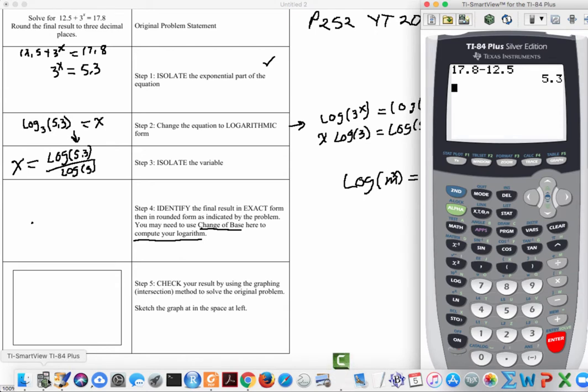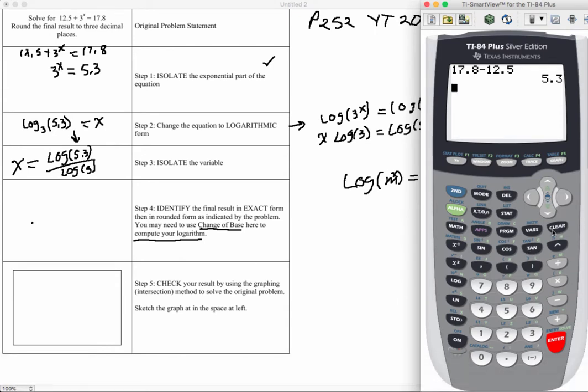I clear this and go log of 5.3, close the parentheses, and divide that by log of 3. And there is my estimated answer, which is 1.518.